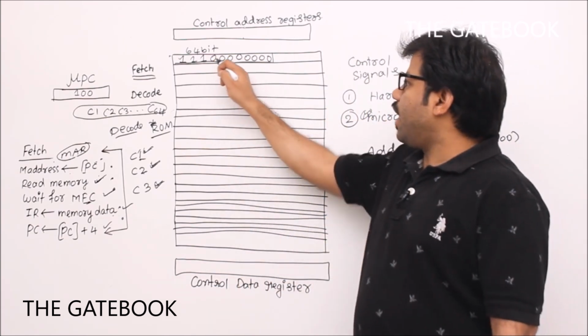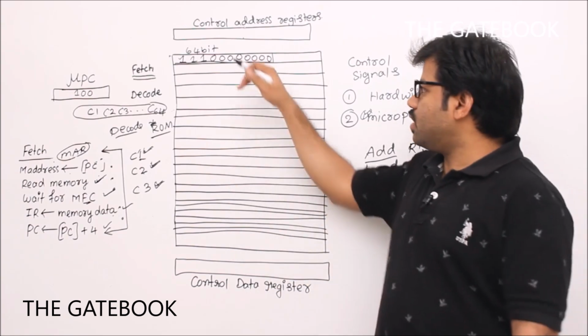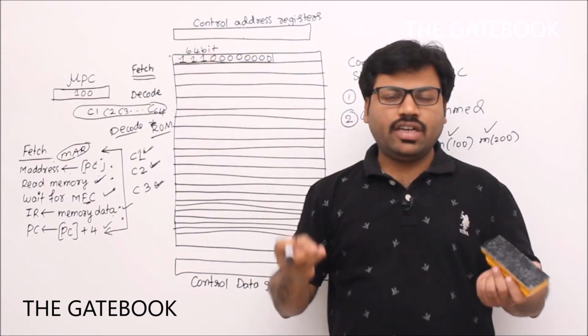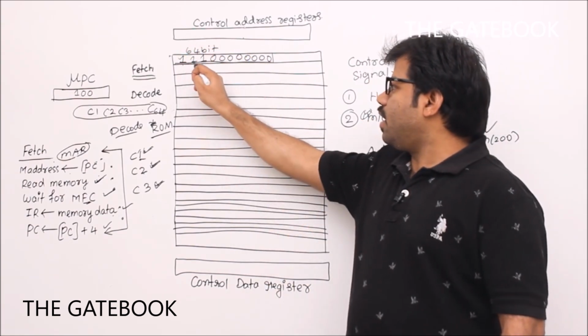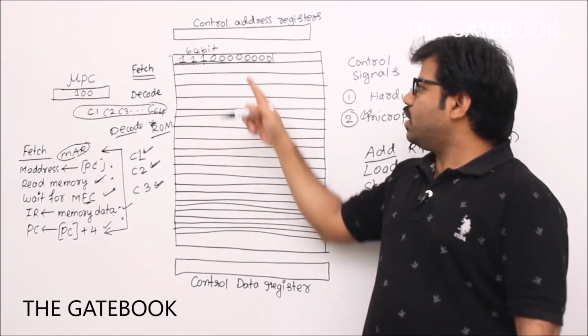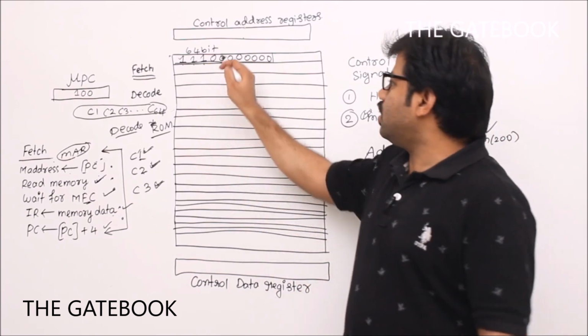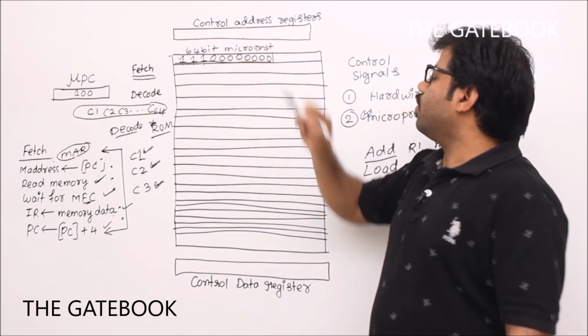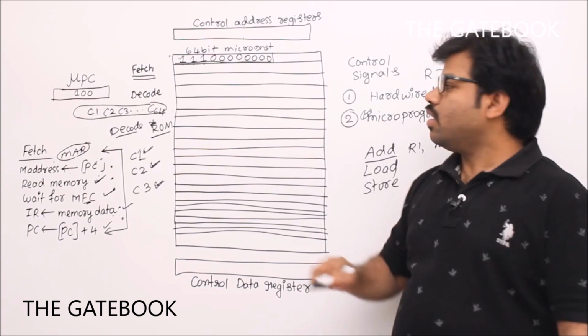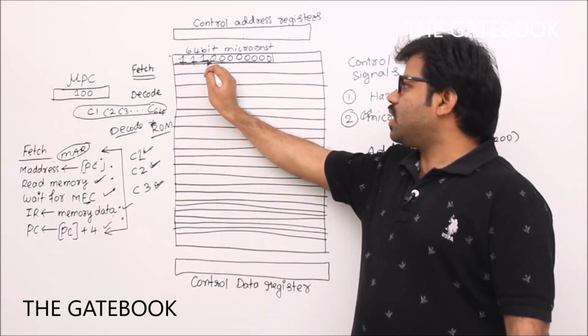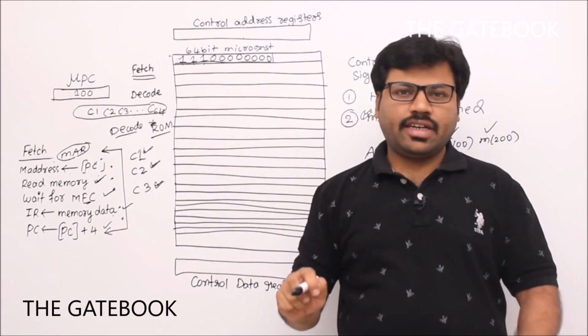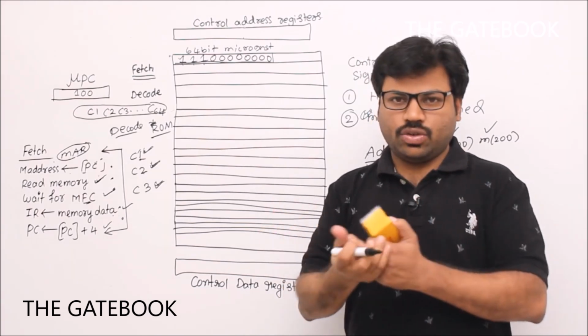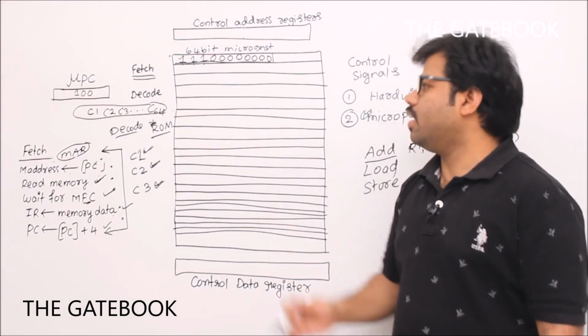Whenever this micro instruction is executed, the appropriate signals should be generated. If you execute it, then because of these 3 bits being 1, C1, C2, C3 should be generated. You have to design a little bit of circuit for that, not a big deal.